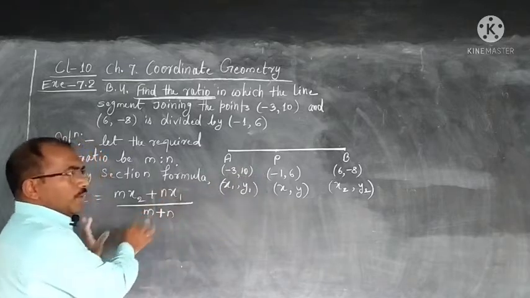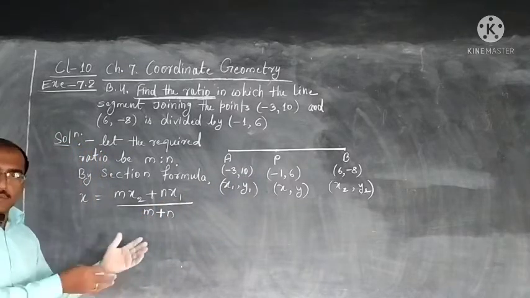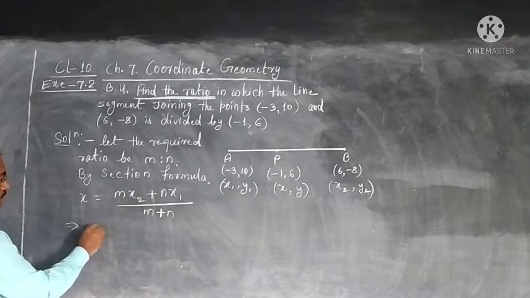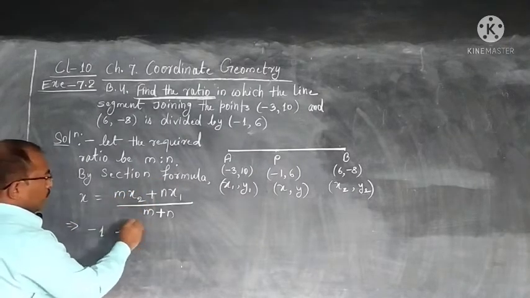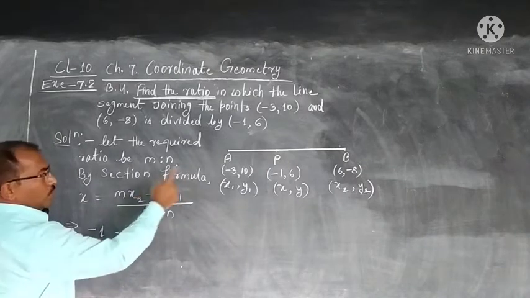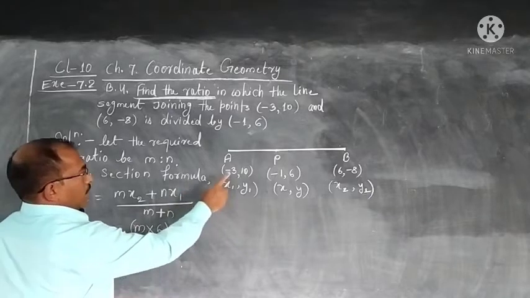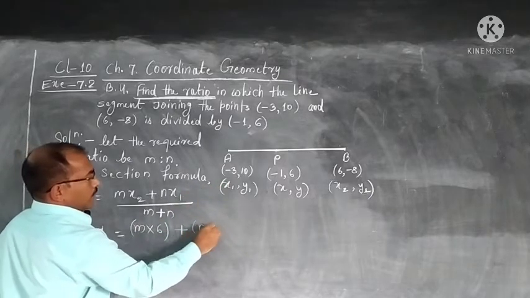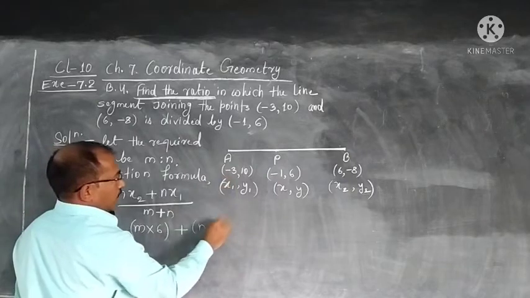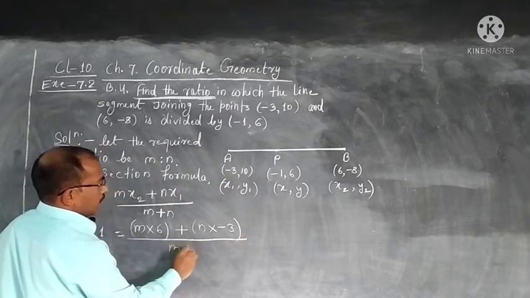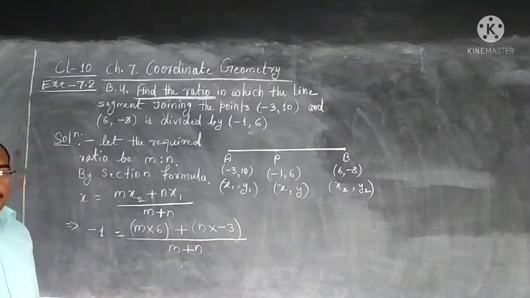So, we will use what we have in this formula. x is here minus 1, equal to m we do not know, x2 we have there, 6, plus n also we do not know, into x1 which is minus 3, by m plus n. We do not know m plus n, we are going to find that only.